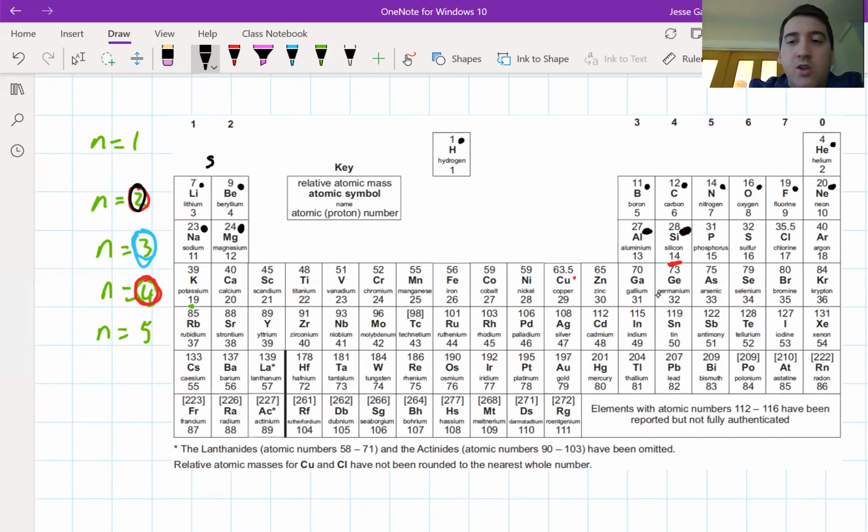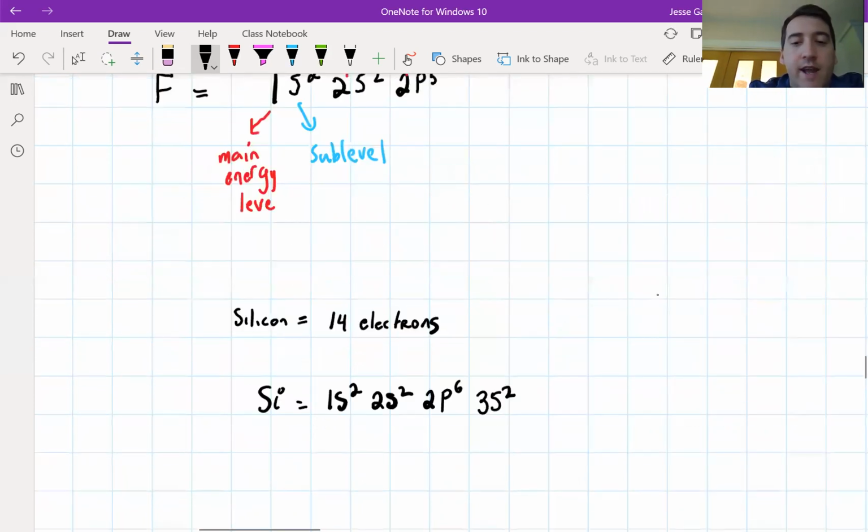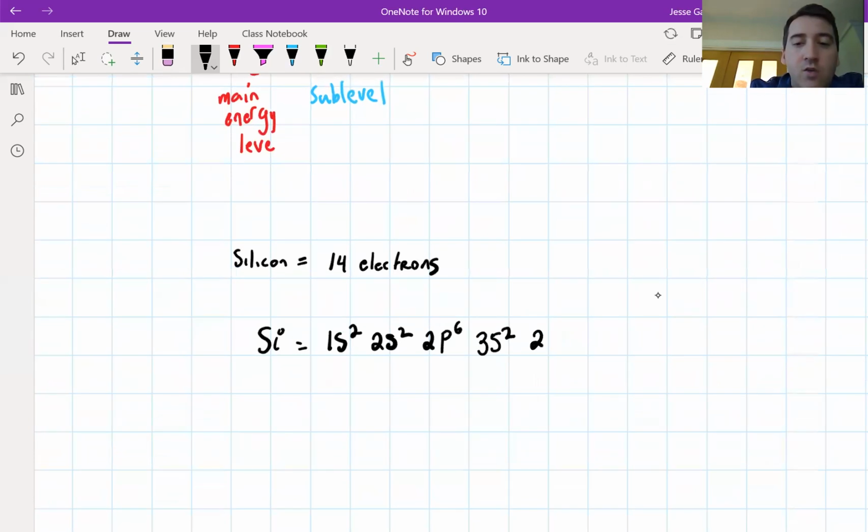This is the 3p sublevel that I'm in here. So I'm in the 3rd energy level, and I'm in the p block. So this is the p sublevel, and there are 2 electrons in it. So this is 3p2, like that.